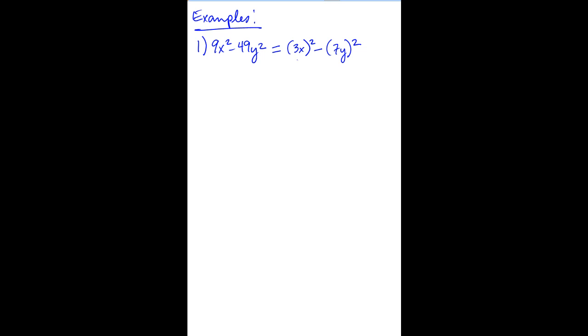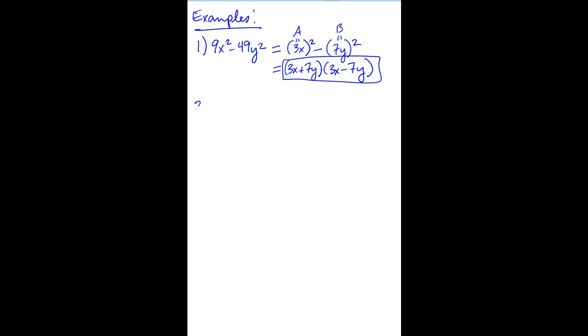So this is a difference of two squares. And so each thing that's being squared we're going to write out: 3x plus 7y, and then 3x minus 7y, because that's the pattern. In this pattern, the 3x is like our a, and the 7y is like our b. So we factored it just by using that pattern.